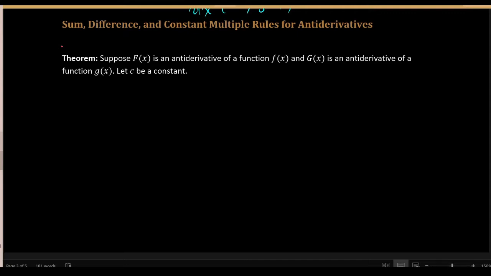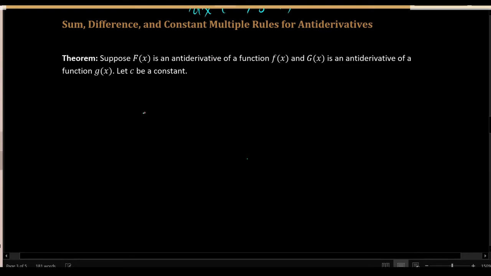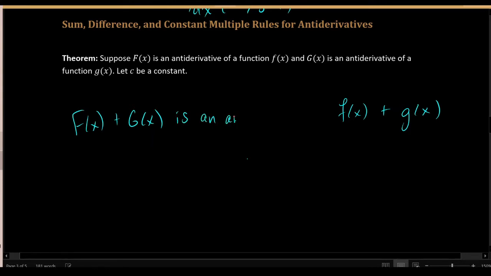And we know antiderivatives for those individual functions, capital F and capital G. If I want to find an antiderivative of the sum, f of x plus g of x, then I can find the sum of antiderivatives. Capital F of x plus capital G of x is an antiderivative of lowercase f plus lowercase g.